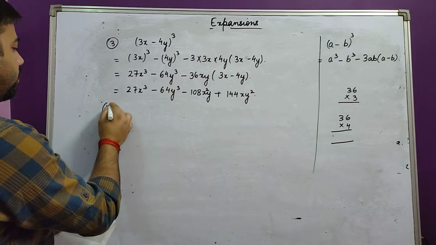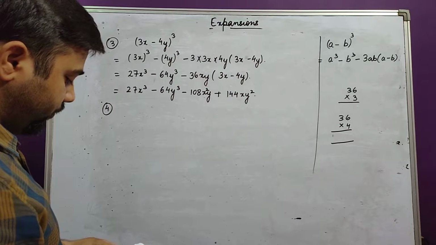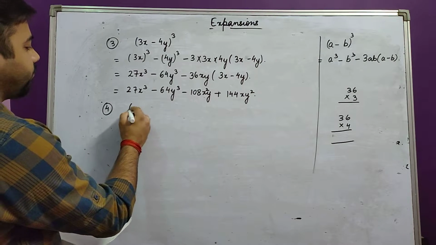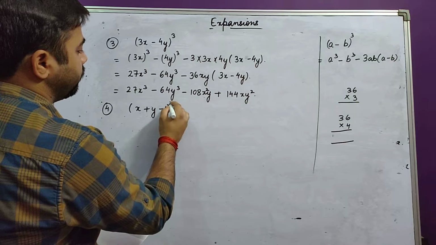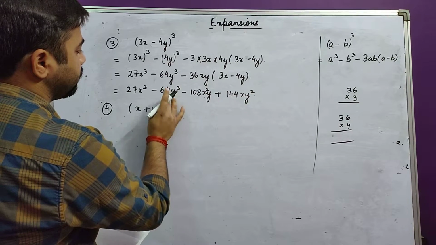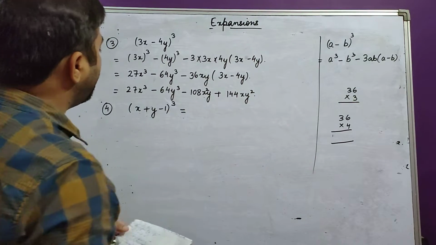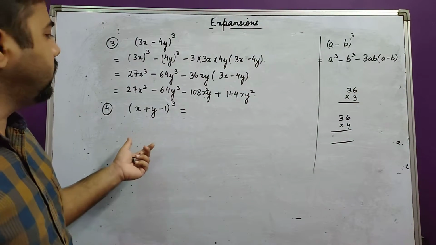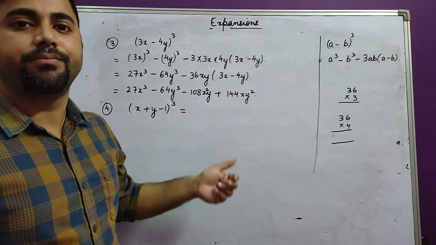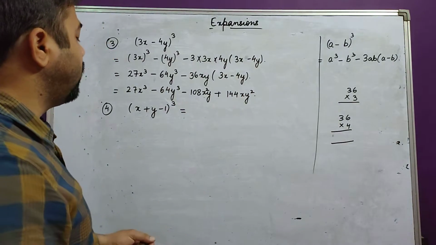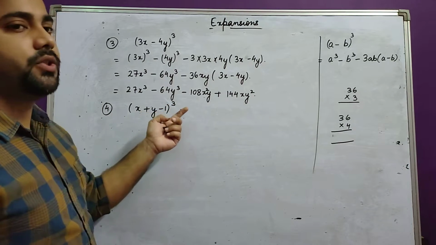Now we move on to the fourth question. The fourth question says we have three terms, (x plus y minus 1) whole cube. Had I told you any formula that contains three terms within the bracket and a cube sign at the top? No, I haven't told a formula in which there are three terms and a cube sign.